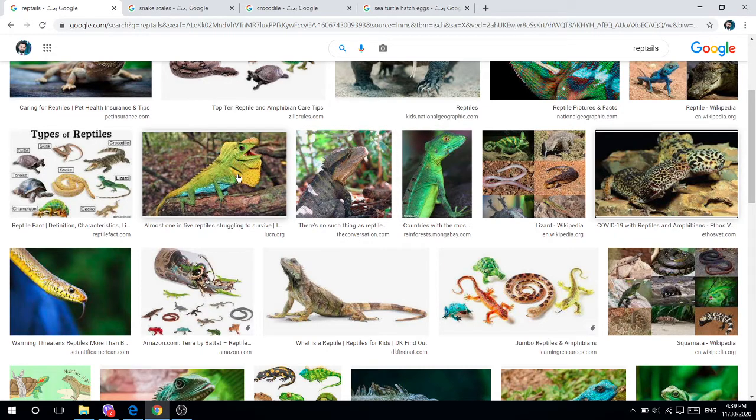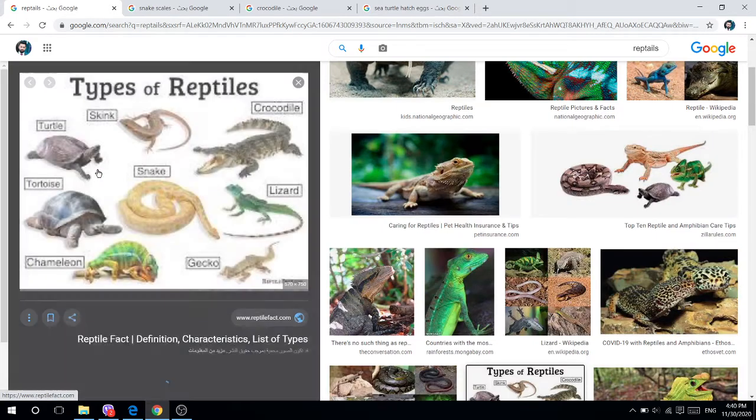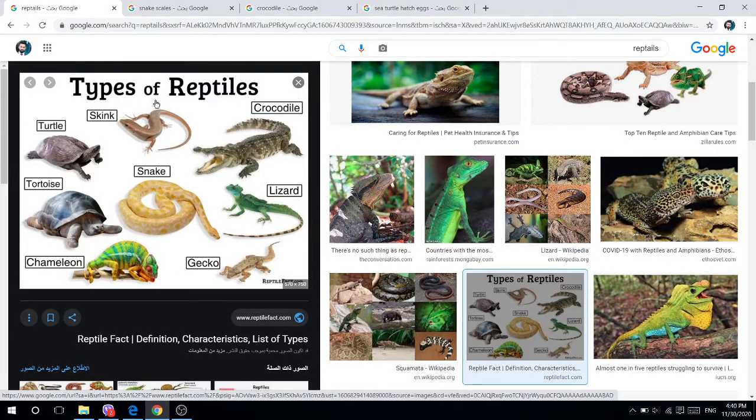Reptiles are those animals that live on land. Okay, they live on the land. For example, lizards, snakes, and turtles. Types of reptiles, for example, turtle, tortoise, snake, lizard, and this one, gecko.